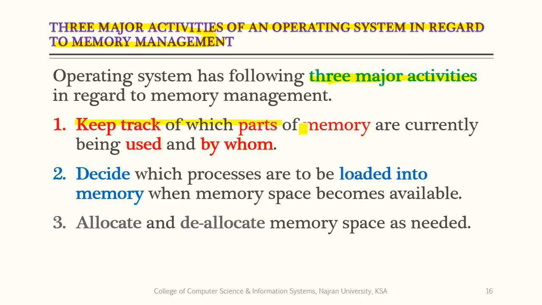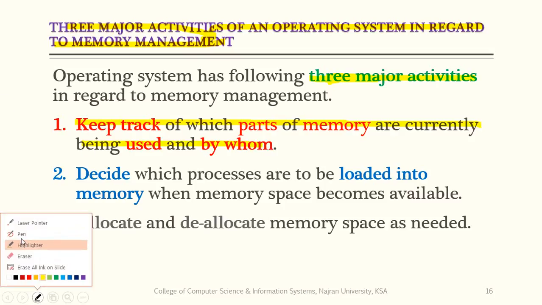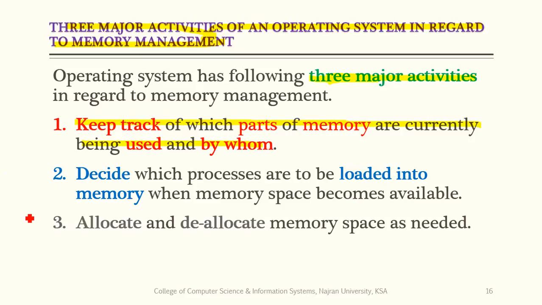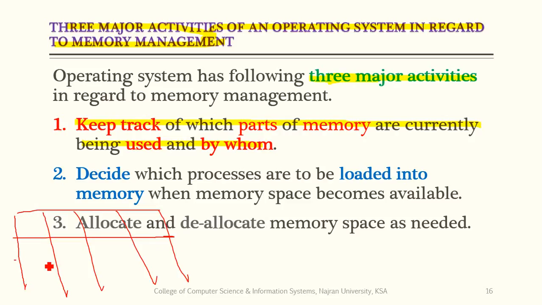Keep track of which parts of memory are currently being used and by whom. Let's suppose I draw here somewhere this memory, and we know that memory is in somewhat matrix form, divided into blocks. Suppose this is our memory, and it is the responsibility of the operating system to know which part of this memory is in use.